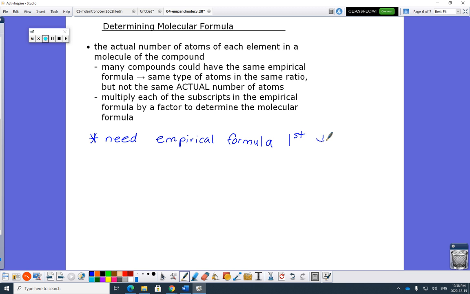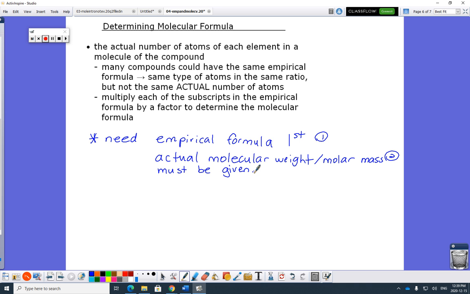Depending on the question, like this example, it already gives it to you, and some of the homework will be like that, but sometimes you might find it first and then do part B. And you must be given, it has to be right in the question, the actual molecular weight or the actual molar mass.